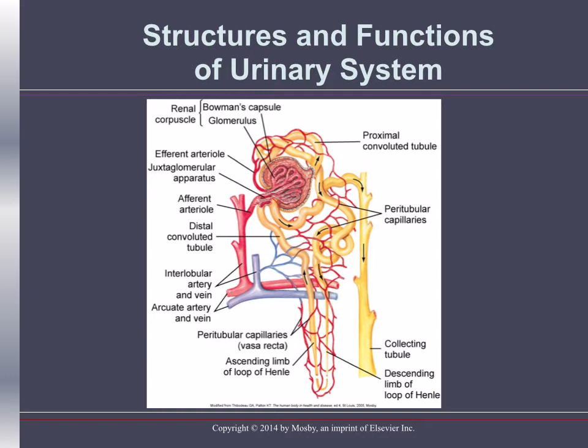It also consists of the loop of Henle, the distal convoluted tubule, and a collecting tubule. The glomeruli, Bowman's capsule, proximal tubule, and distal tubule are all located in the cortex of the kidney. The loop of Henle and the collecting tubules are located in the medulla.